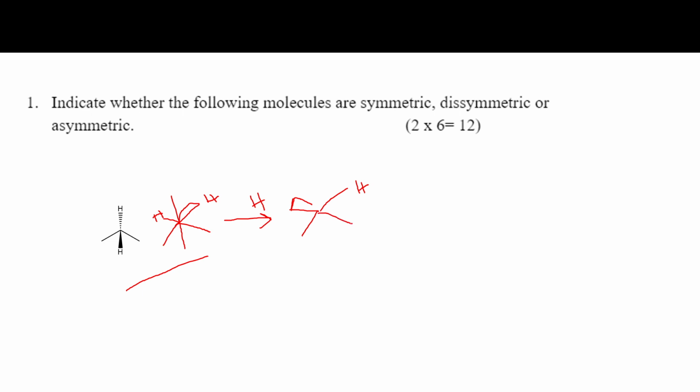And this 2-methyl. So now we have placed the mirror. Then what will happen? This hydrogen which is coming here will be like that, and one hydrogen is above the plane. These are exactly the same molecule as the first one.